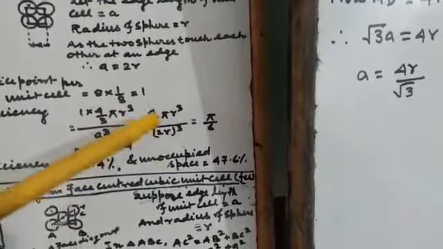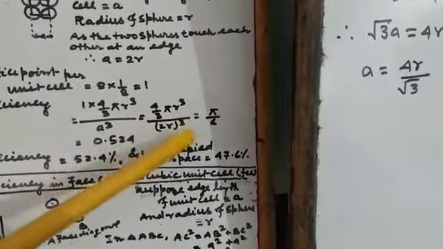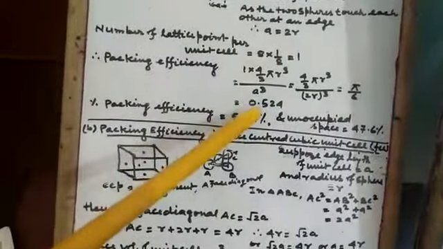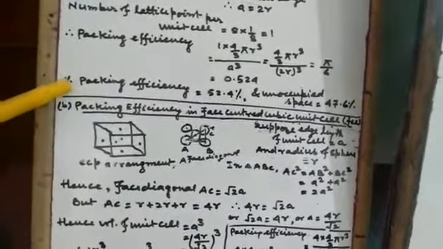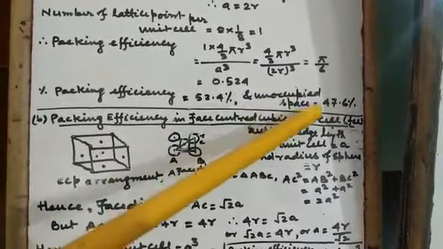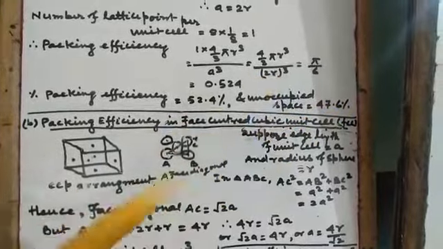As we know the volume of the sphere is 4 by 3 pi r cube, on calculation we get pi by 6, which is equal to 0.524. So percentage packing efficiency is equal to 52.4% and unoccupied space is equal to 47.6%.